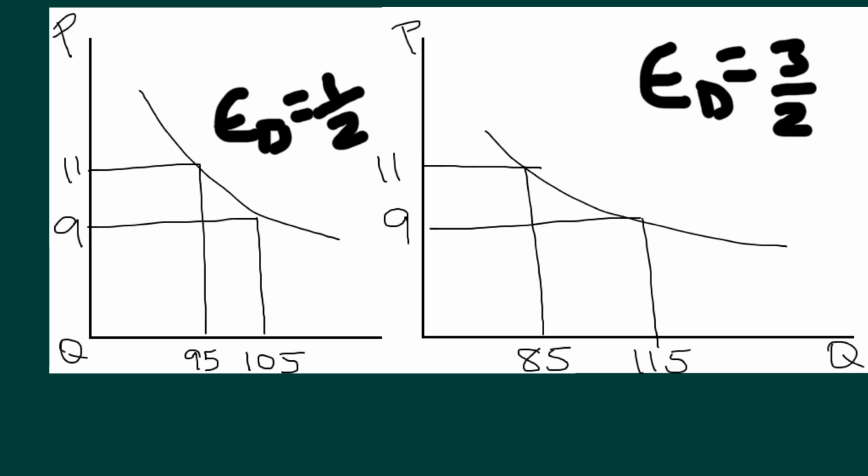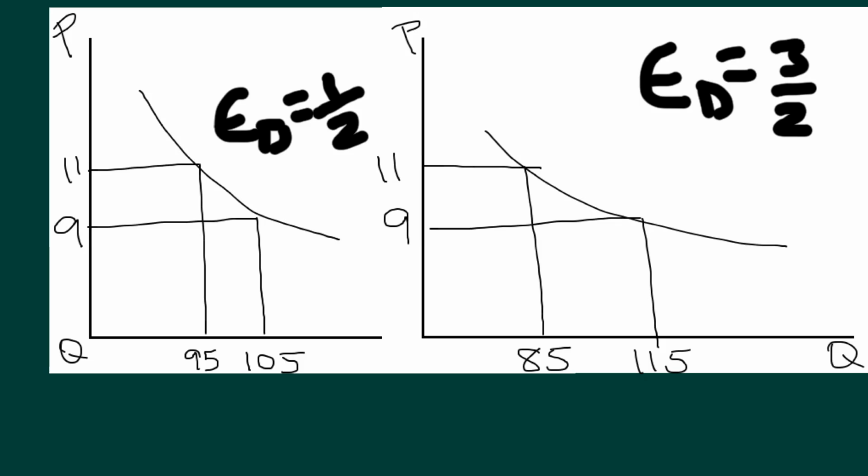And we do take the absolute value of it and just drop the negative. So we can talk about it being 1/2 and 3/2. And the reason is the negative is implied as soon as I mention that this is the price elasticity of demand, okay? So do your calculation, get your negative, take the absolute value, now you've dropped the negative, and then you start comparing it. Is it greater than 1, less than 1? That sort of thing. Okay.